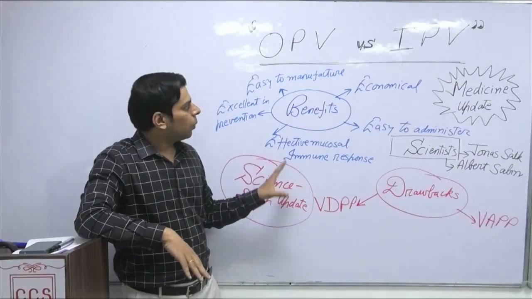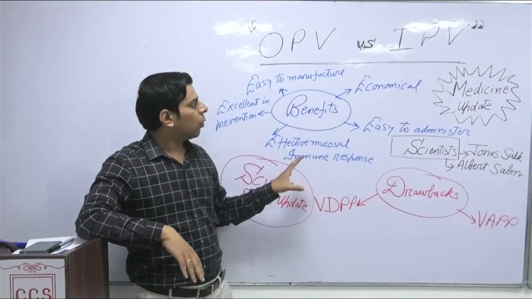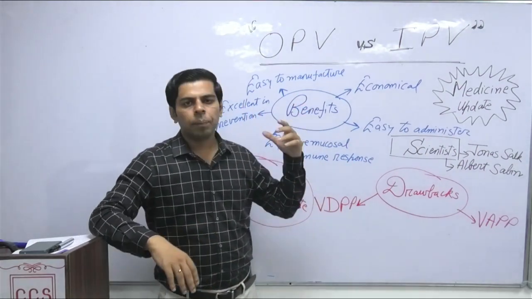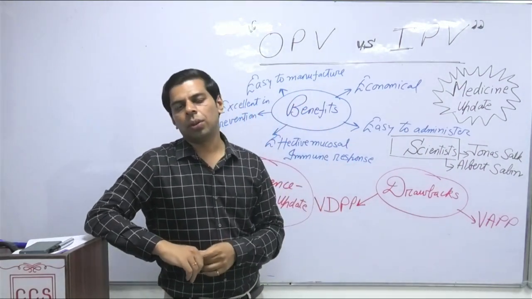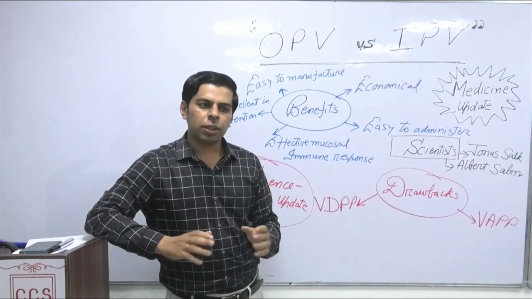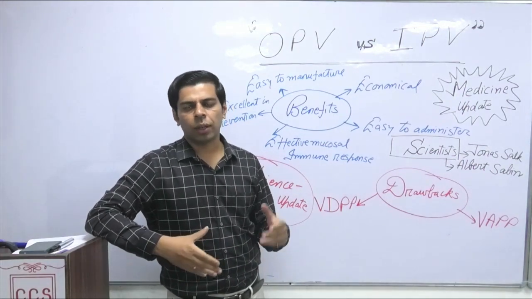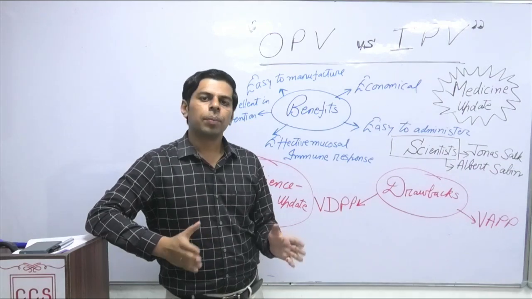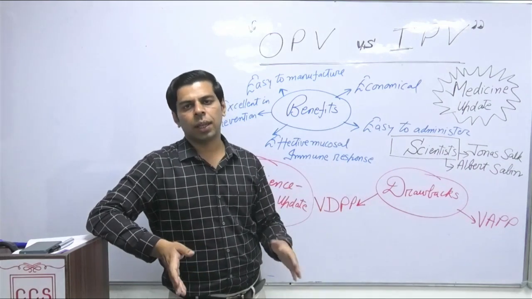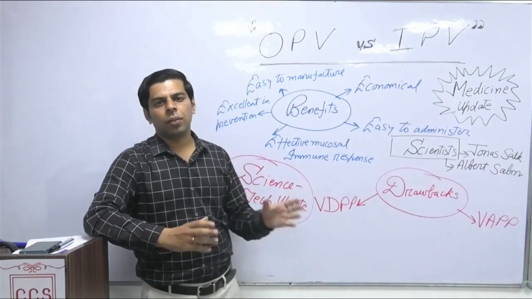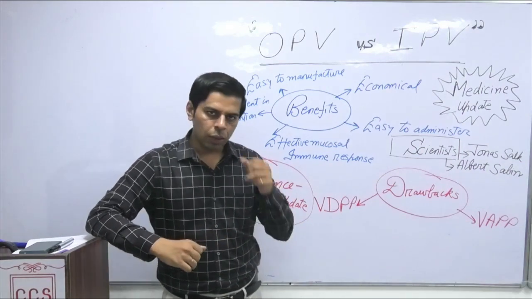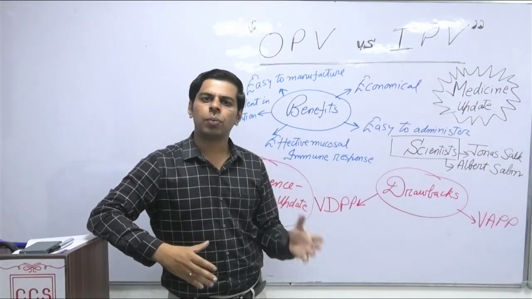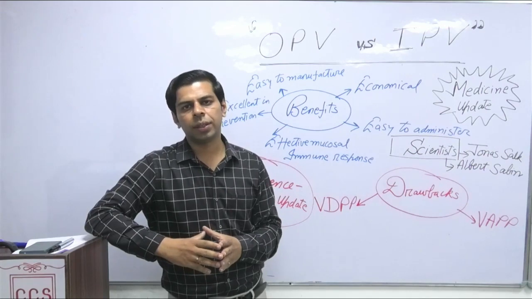So I hope now you have a fair idea of what exactly oral and inactivated polio vaccines are, and make sure that whenever such diseases are in the news, in whatever form, you revise the basics. What are the symptoms, or the treatment and vaccine available? What is the mortality risk associated with this disease?